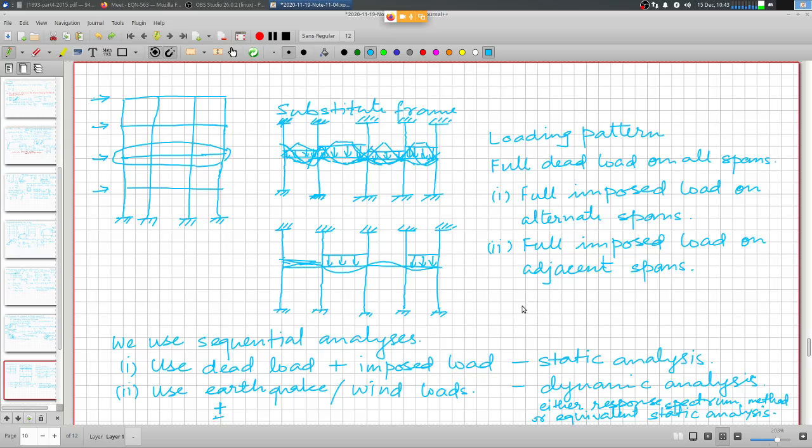worst possible condition. So you would have the load effects as gamma dead load multiplied by dead load plus gamma imposed load multiplied by the imposed loads. So typically these partial factors for dead load and imposed loads are identical, plus or minus gamma earthquake load multiplied by whatever is the effect of seismic loading, and that is how you will find the demand.